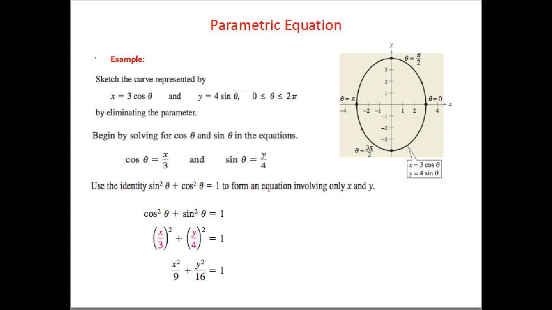We get x squared over 9 plus y squared over 16 is equal to 1. And since a squared is related to the major axis, since a is under y, we know that the major axis runs along the y-axis and the minor axis runs along the x-axis.